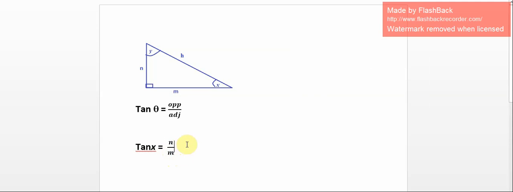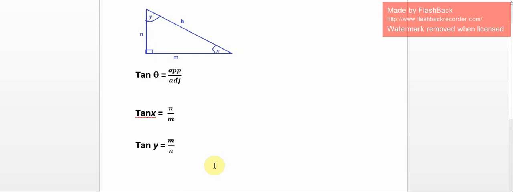And then if I'm referring to tan y, the opposite to the angle y is m over the adjacent n. Take note of that.